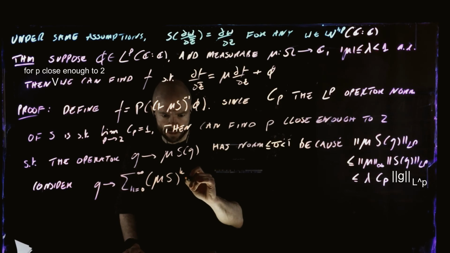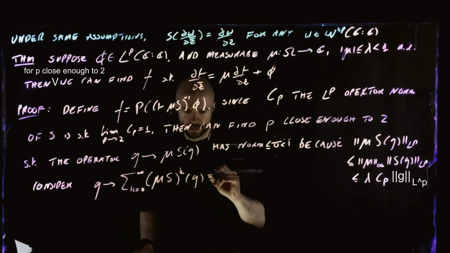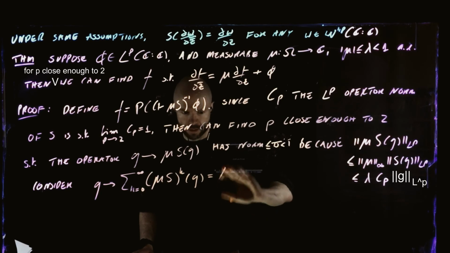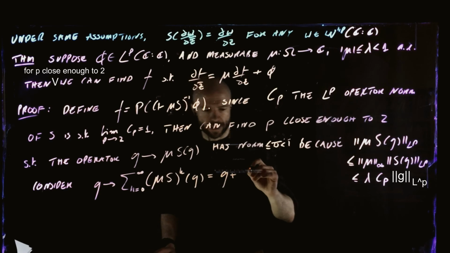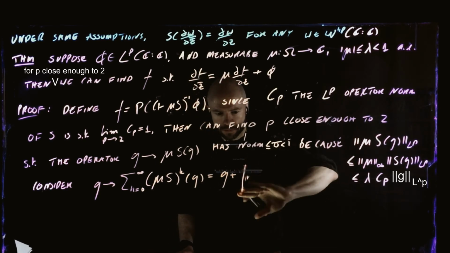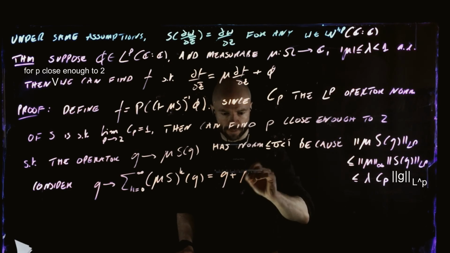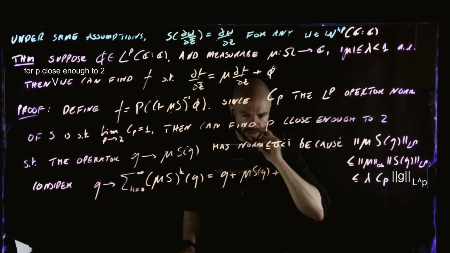So the first thing is just doing it with nothing. It's just G, and then the next thing is applying it once. So we're going to have mu of S of G.